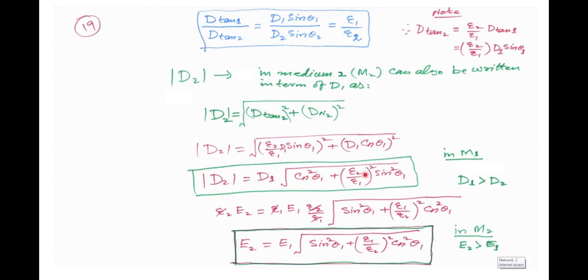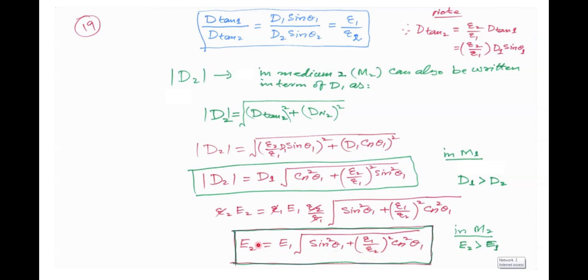Now look at this one. In this case, as we know that epsilon 1 is greater than epsilon 2, this means that the magnitude of the D1 field in material 1 is greater than the magnitude of D2. But if you look at the E2 magnitude, epsilon 1 is divided by epsilon 2, that is a large value divided by a small value.